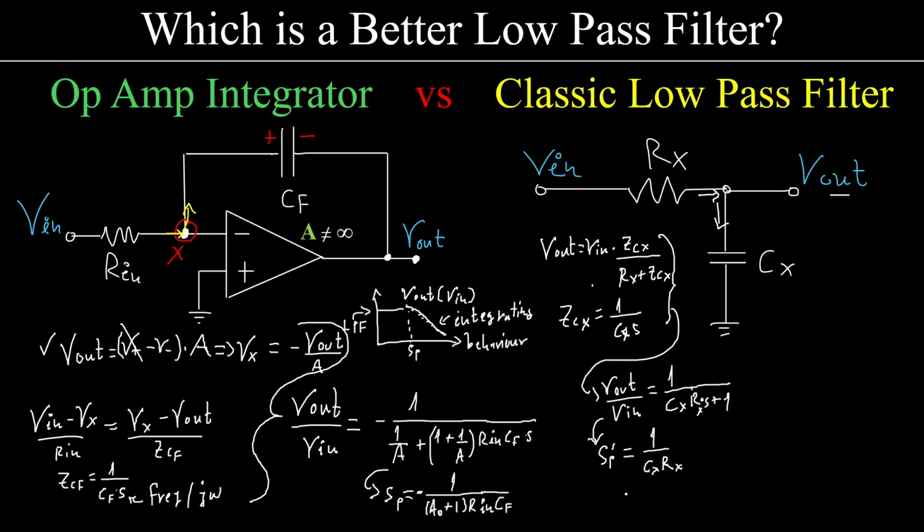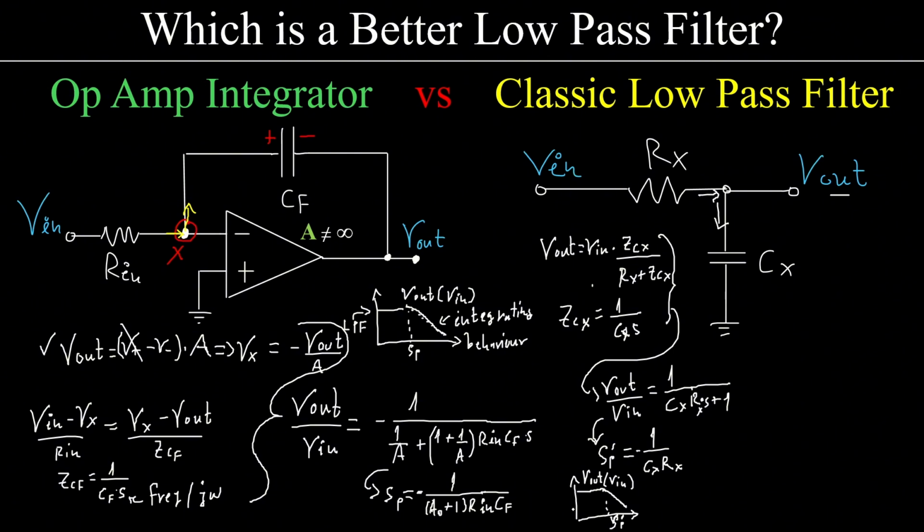Now, let's make some comparisons. Alright, this is a minus here. The sign isn't really important when we talk about the frequencies here. Now, again, we would have a low-pass filter with the frequency being something, and then going downwards. The output over the input, with this being the frequency SP naught.